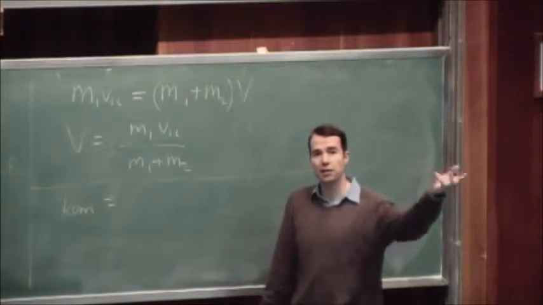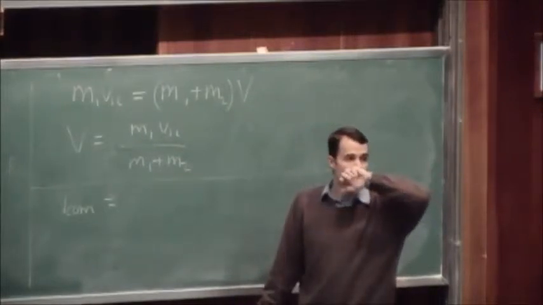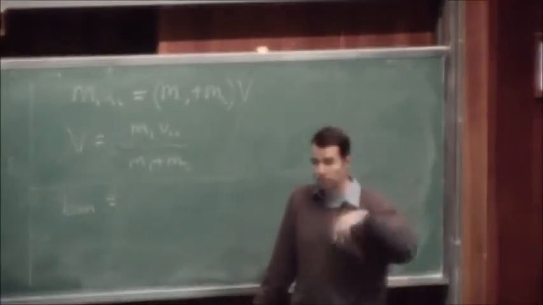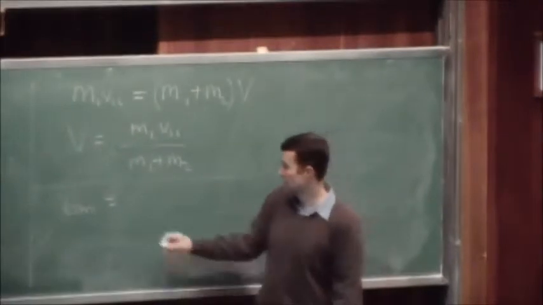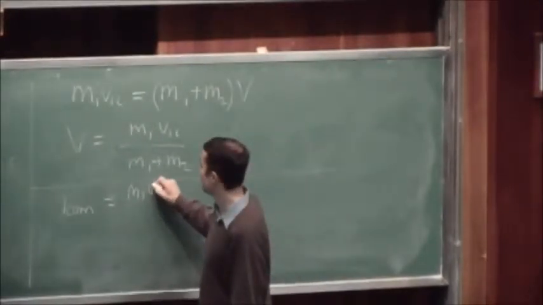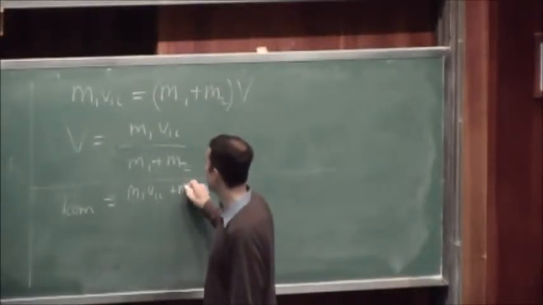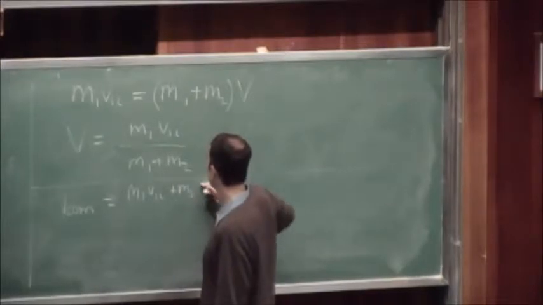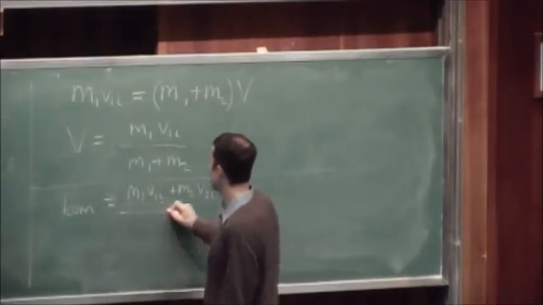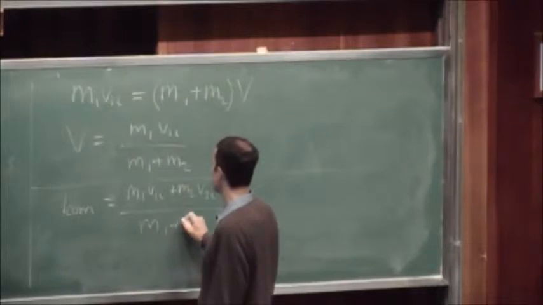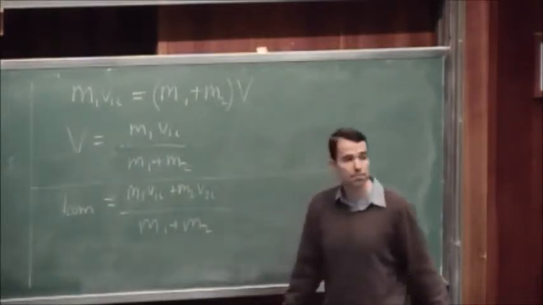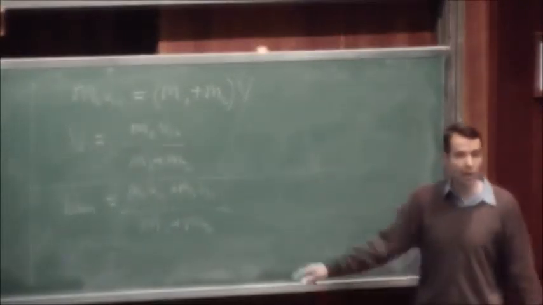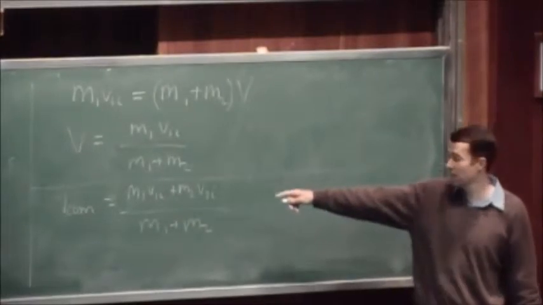I have M1 V1 initial plus M2 V2 initial all over M1 plus M2, right? That's how we find the velocity of the center of mass.